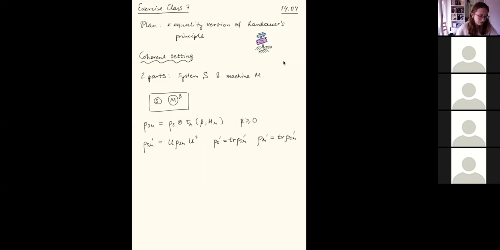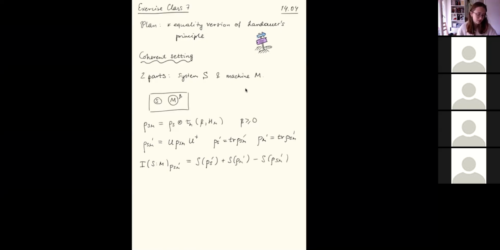Another quantity that we will need is the final mutual information between systems S and M after the transformation took place. This is the mutual information, which you've probably already seen in the quantum information course. It is defined as S of rho S prime plus S of rho M prime minus S of rho SM prime.